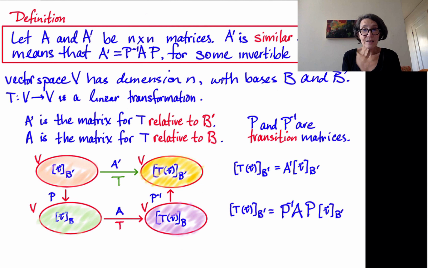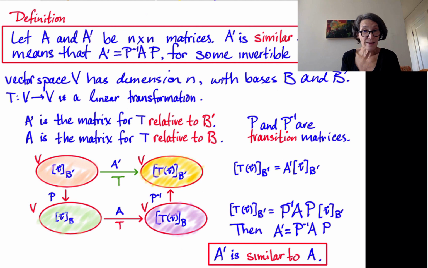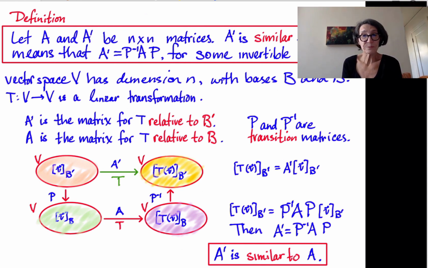So we can see that multiplication by A prime is the same as multiplication by P, then A, then P inverse. And so that means that A prime is equal to P inverse times A times P. And that means that A prime is similar to the matrix A. So this is the relationship between similar matrices and composition of linear transformations.